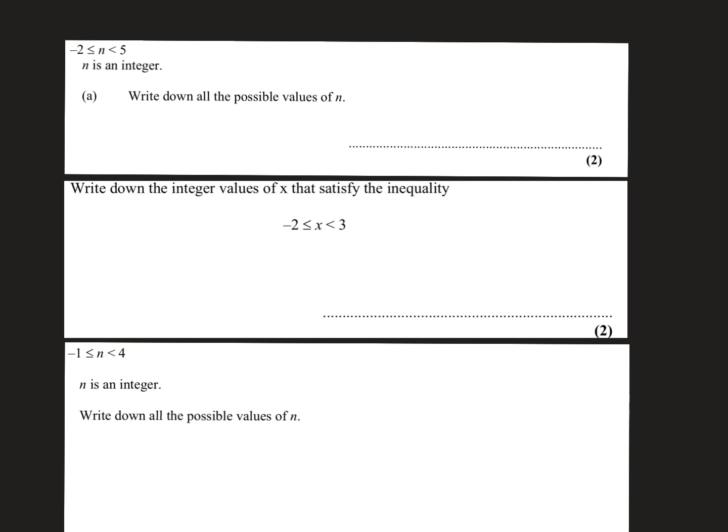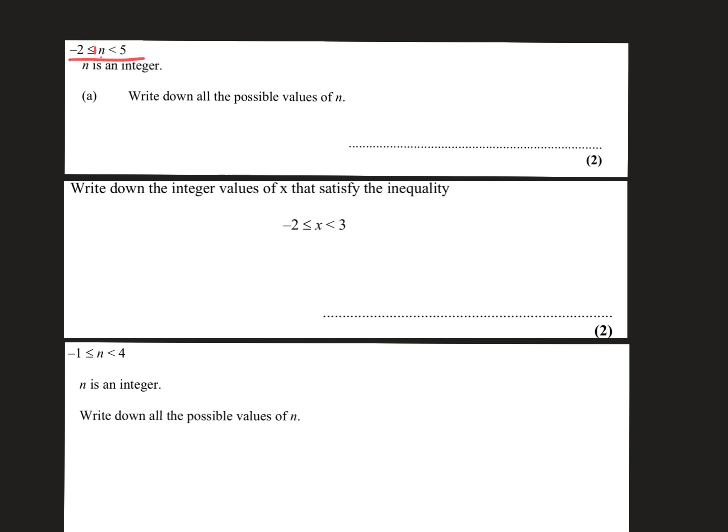Alright, so we've got a few examples of exam questions here where you could be asked to read an inequality. So our first one here is telling us that n is, if we read from the middle, n is greater than, so the big side comes first, n is greater than or equal to -2, but n, if you go back to the middle, is also less than 5.